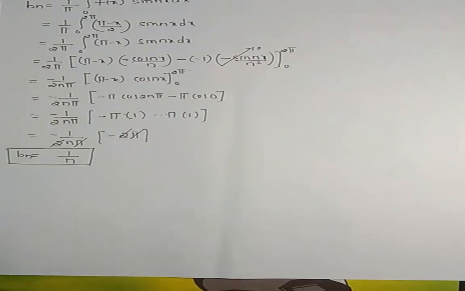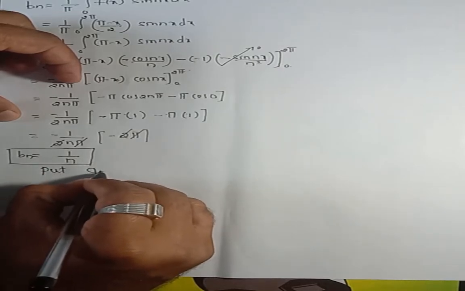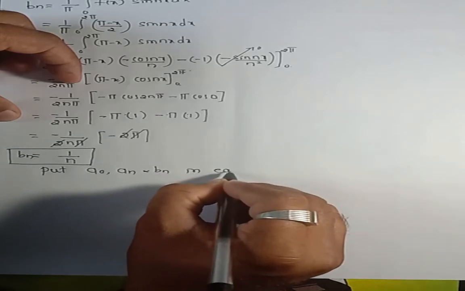Okay, so finally we got a naught, an and bn. After getting all these values, substitute them. I will write here, put a naught, an and bn in equation 1.